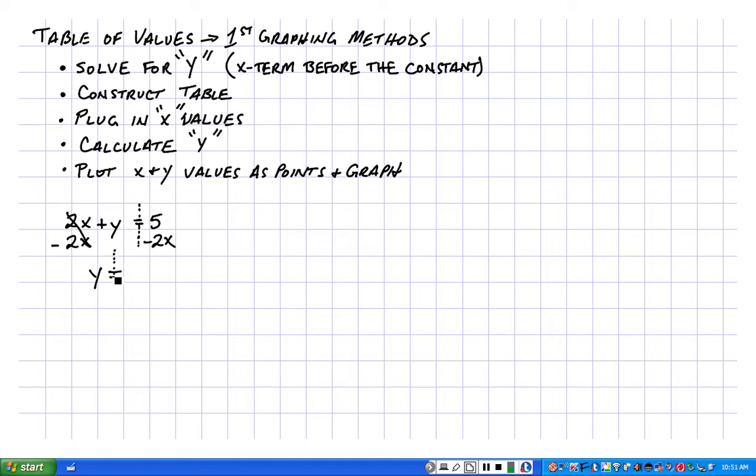And that's the point. When you're trying to solve for something, you want to get whatever it is that you're trying to solve for on one side of the equal sign by itself. And on the other side of the equal sign, you see we have the 5 and the minus 2x that we took from over here. So 5 minus 2x. Because these are not like terms, we cannot combine them, so we simply write them out.